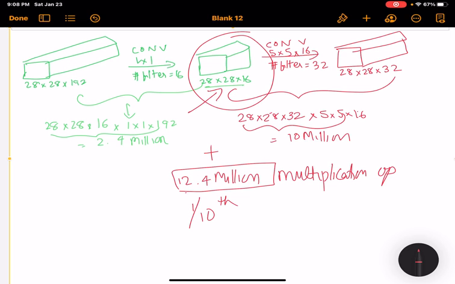In order to overcome that, we use a 1 cross 1 convolution in the middle so that we can reduce the computational cost very significantly, but yet get the same model performance. So that is what the Inception module is.